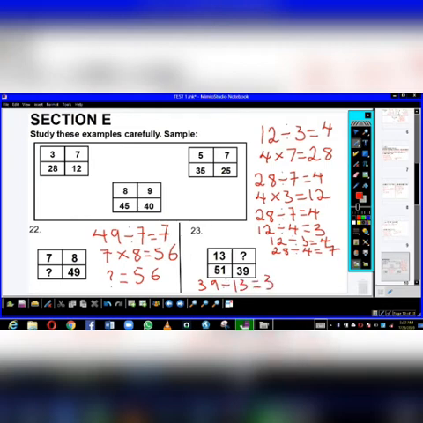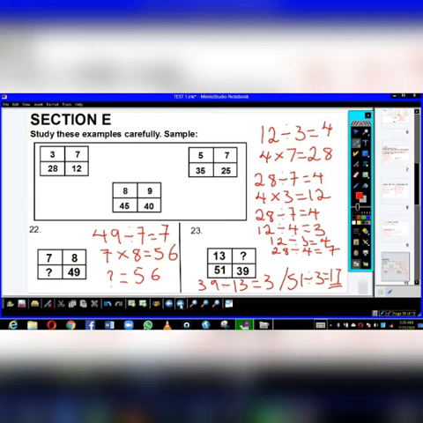Here we are going to use this 3 to divide 51 by saying 51 divided by 3, and that will give us 17. So the missing number in number 23 is equals to 17.